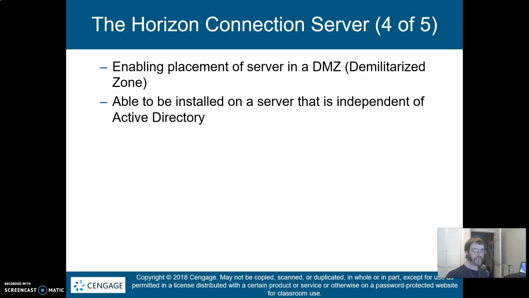So it may still need Radius for its authentication, and it may talk through Radius to the Active Directory. But if you've got a Radius server in your DMZ, you may not want it to talk directly to your domain controller on the other side of that DMZ inside firewall.